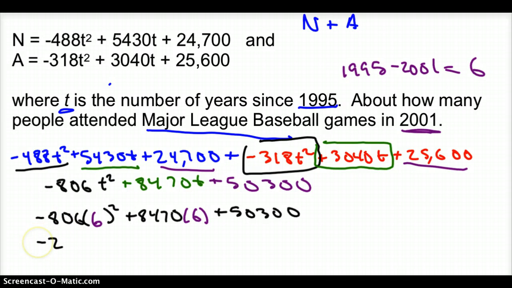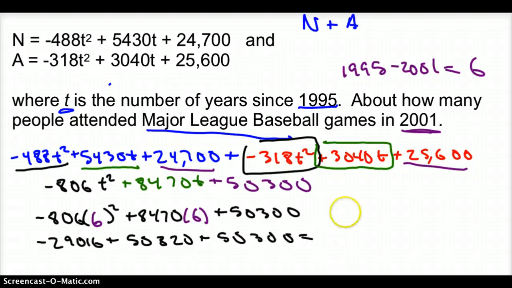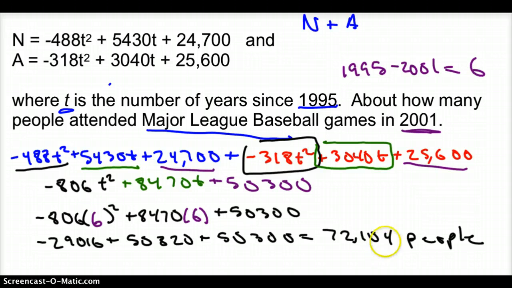So it's going to be a negative 29,016 plus 50,820, and then finally 50,300. You punch that all in to get 72,104, and that's how many people. And please note that that answer is in thousands.